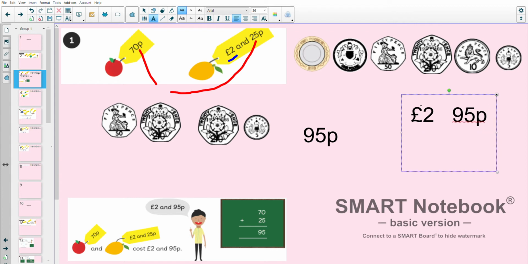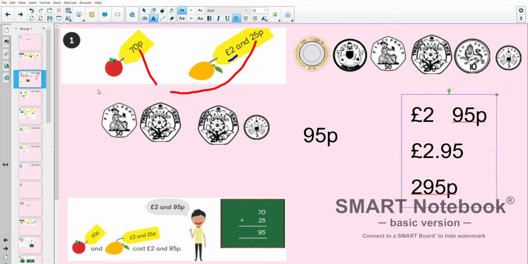I could write it like that, or I could write it as 2 pounds 0.95, showing the pence on this side. Or I could just put it as 295 pence, because 200 is 2 pounds and 95 is 95.